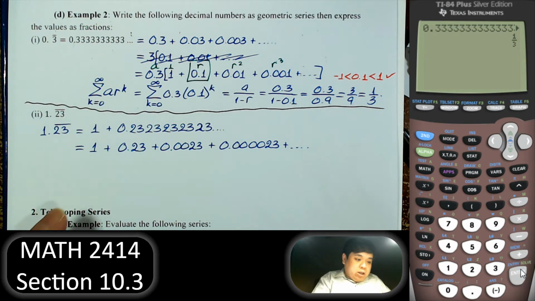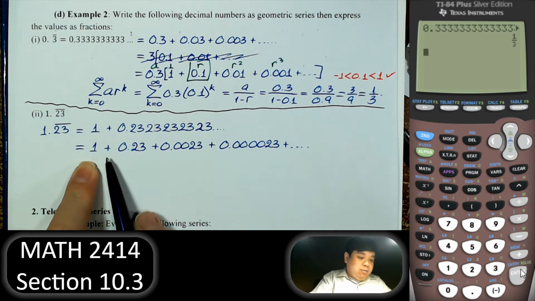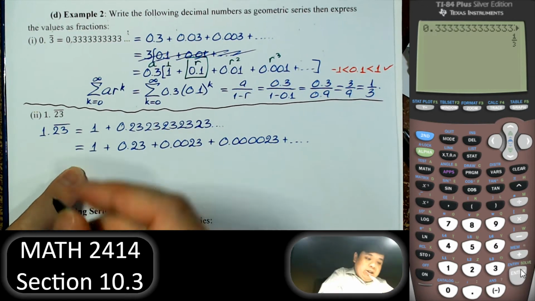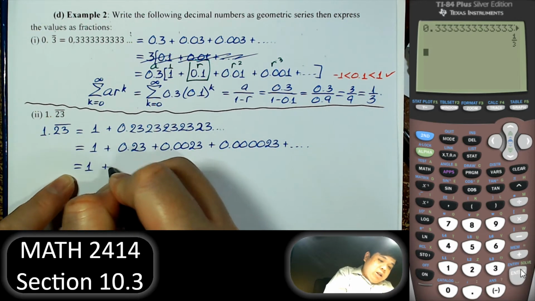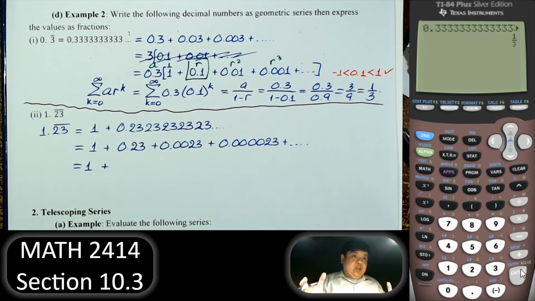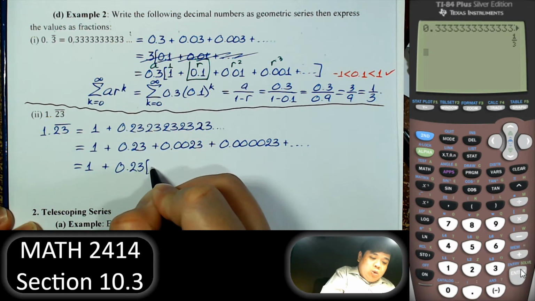Now, notice the 1 here does not have anything in common with the rest of this, so the 1 stays out of it. For the rest we're going to need 1, r, r squared, r cubed, and so on in the geometric series. So we're going to factor out 0.23 to have 1.